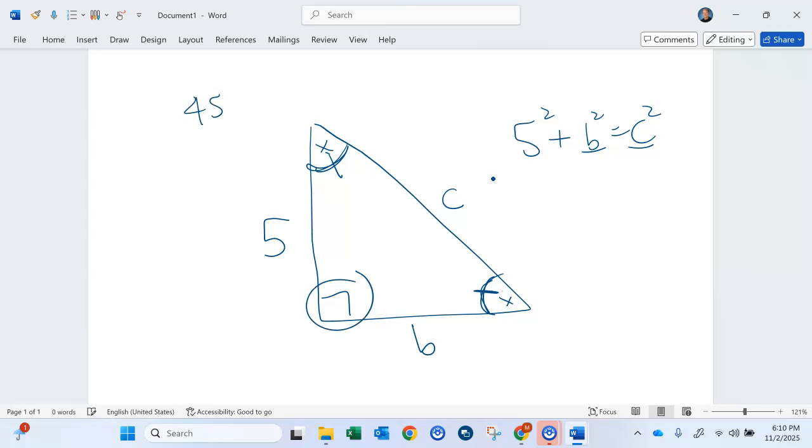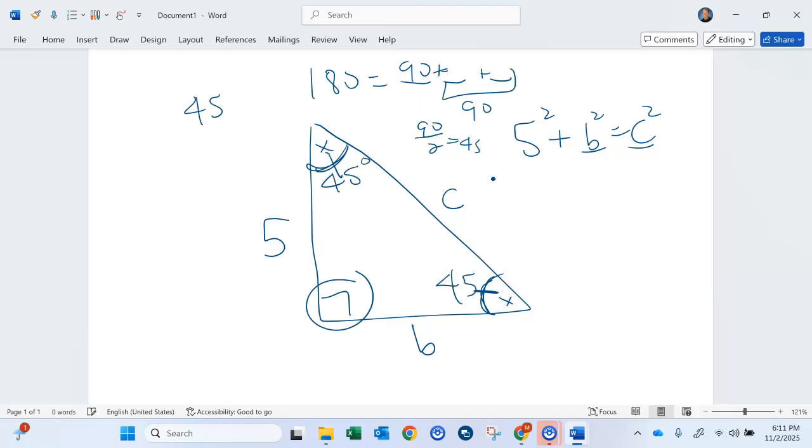Because if this is 90, we have a triangle that equals 180 degrees for all three angles. 90 plus this, and they're equal. That means these two together equal 90, or 90 divided by 2 is 45. So it automatically makes these 45-degree angles, and this is what we call a 45-45 right triangle.